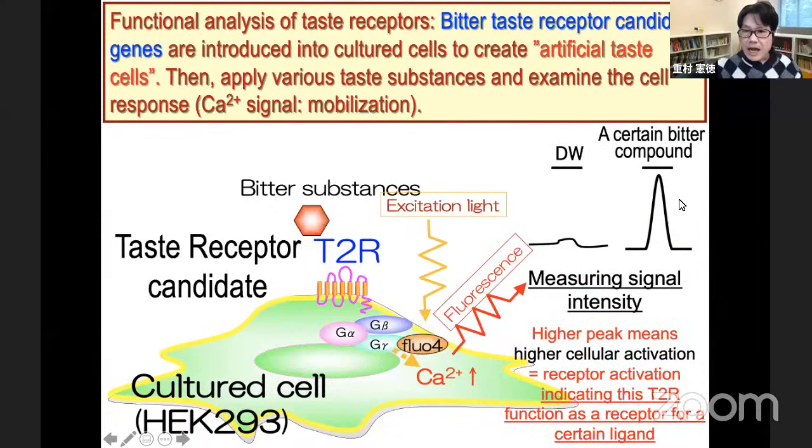A higher peak means higher cellular activation, which follows receptor activation. So cellular activation indicates that this T2R functions as a receptor for a certain ligand.